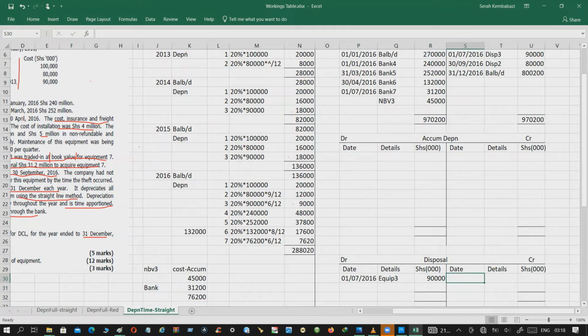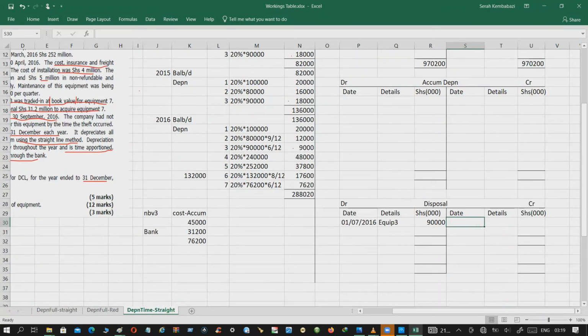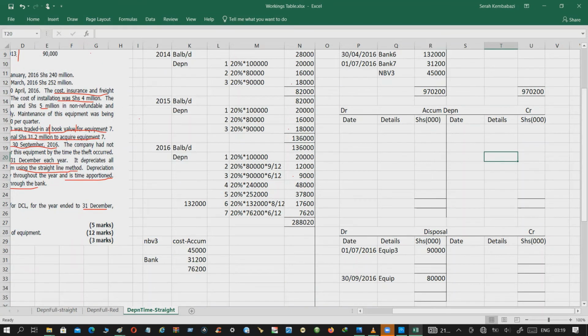Equipment 3 had a cost of 90,000. And equipment 2 had a cost of 80,000.